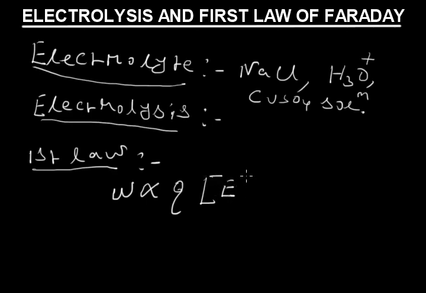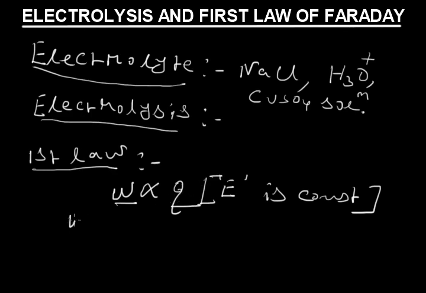Here the equivalent weight of the electrolyte is constant. That means when electricity is passed through a particular electrolyte, the amount of substance deposited at the electrode is directly proportional to the amount of electricity passed through it.